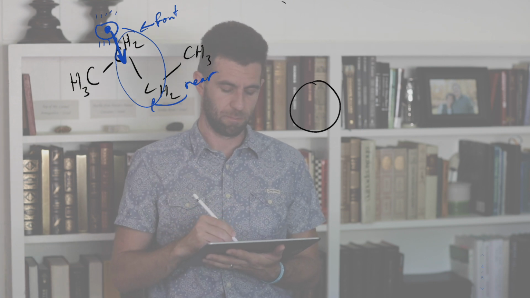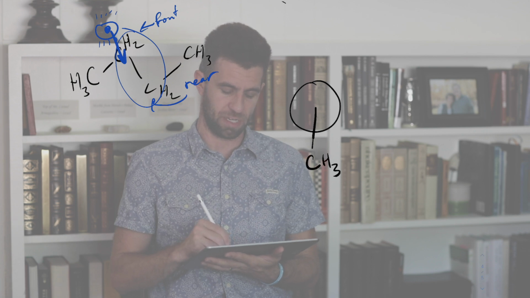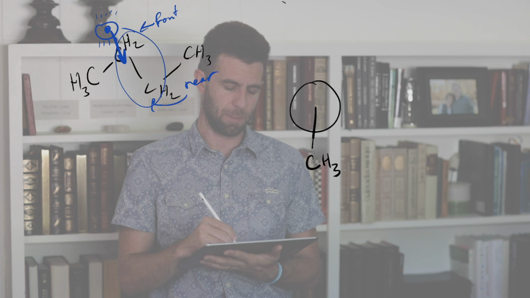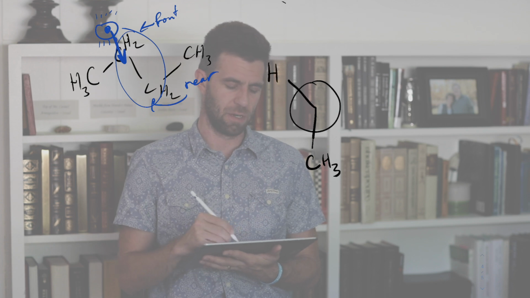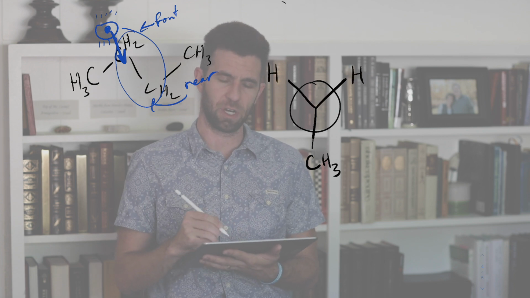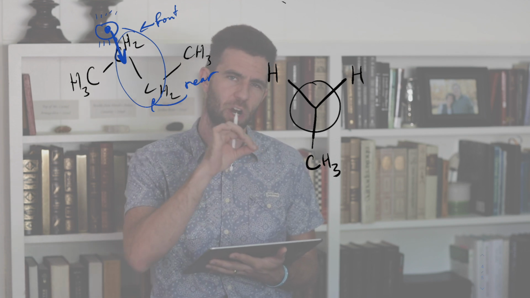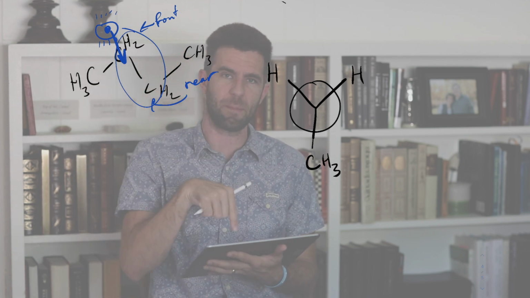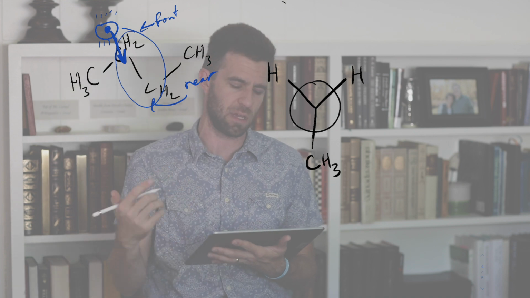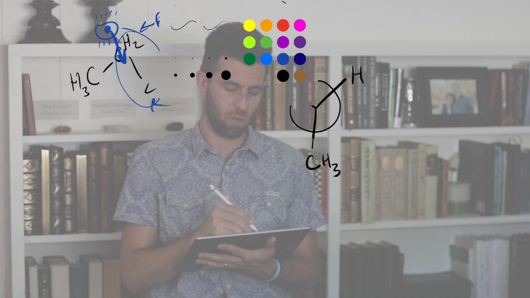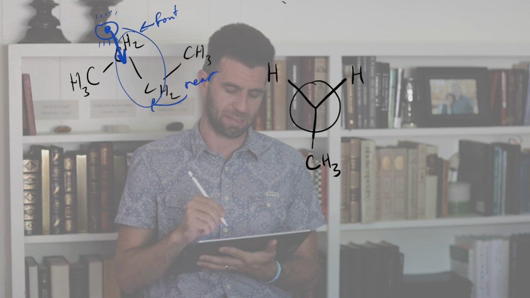Well, I have one bond that has our whole CH3 on it, right? I have another bond that has a hydrogen, another one that has a hydrogen. Of course, the one that attaches to that carbon, the CH2, the next carbon in the chain, is going straight backwards, right? So we actually can't see that one, that bond. It's in line kind of with our eyesight here.